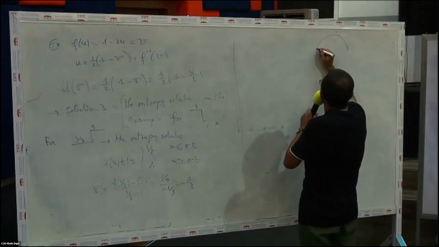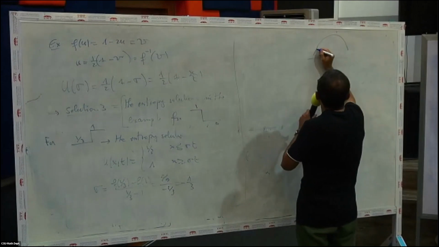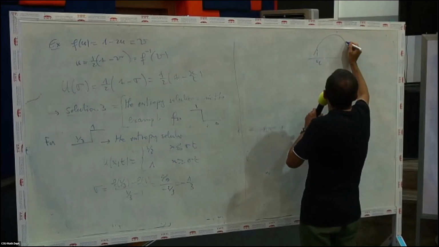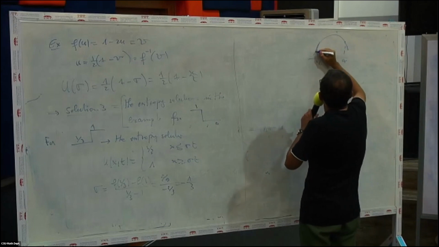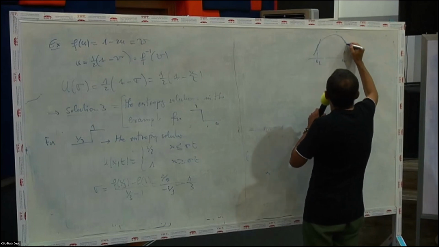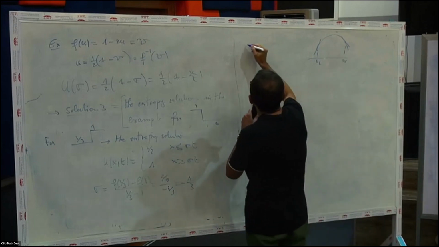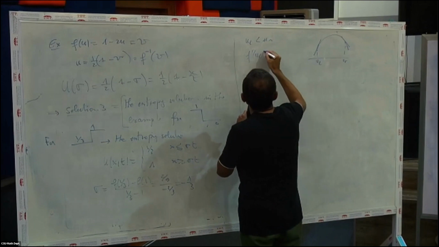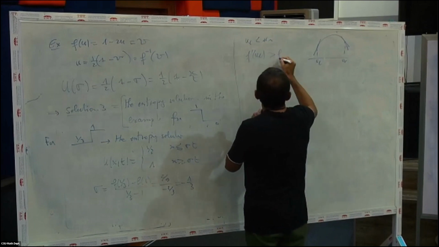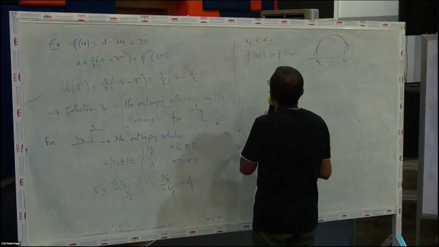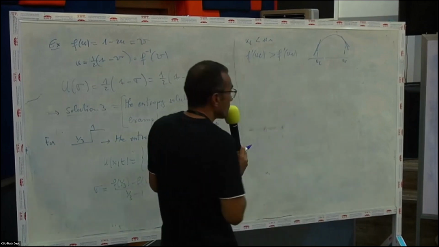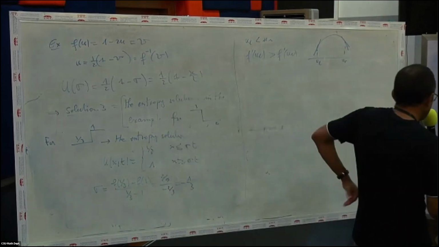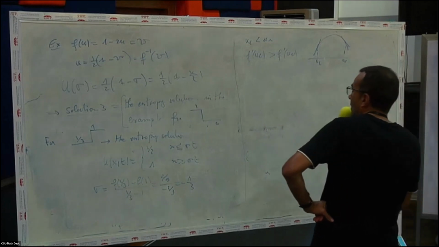So imagine that uL is here, u left, and uR is here. It is important to see what is the derivative here. So f prime, if uL is less than uR, f prime of uL is bigger than f prime of uR. So if you want, you write, what is my equation?